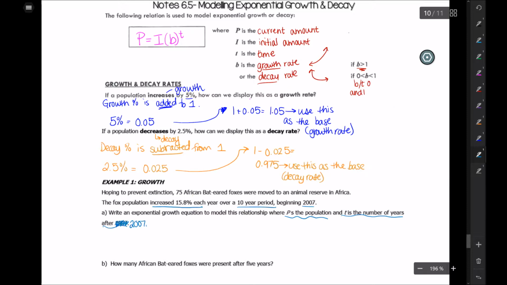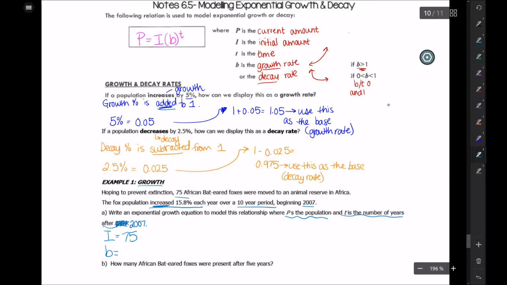Okay, so we need to identify the other pieces of information here. So we need to identify what I is, and I stands for the initial amount. So we know that our initial amount right here is 75 because it starts in 75. Okay, so 75 foxes is our initial amount. B, to find B, it's increased, so it's growth, which means that it's added to 1.